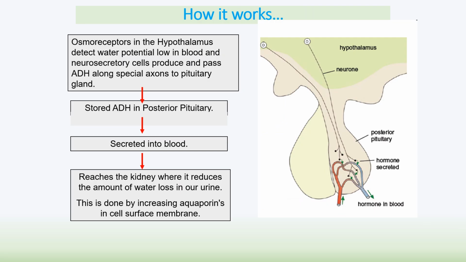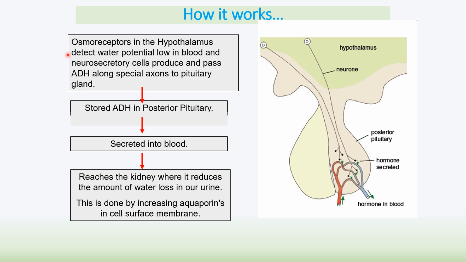So let's have a look at that in detail. So osmoreceptors in the hypothalamus detect water potentials. Remember, there's different nuclei in the hypothalamus. One of them is to detect osmoreception, and it detects low water potentials in the blood. And something called neurosecretory cells do this because water will leave them via osmosis into the blood supply.